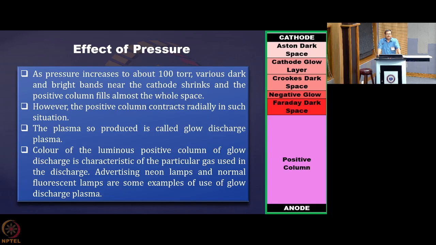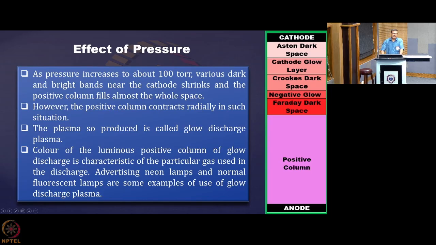In such a situation the plasma so produced is called the glow discharge plasma, and the luminous positive column, which has extended even from anode to cathode, bears an emission of characteristic wavelength. For example, if you fill it with neon, you will see neon's red glow, and if you fill it with something else, you will get the characteristic line or color of that plasma.